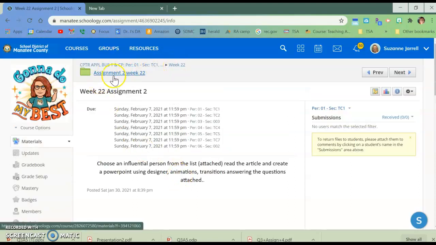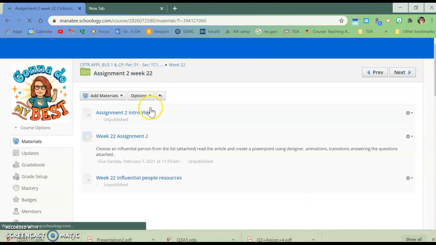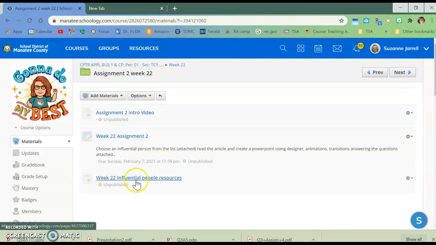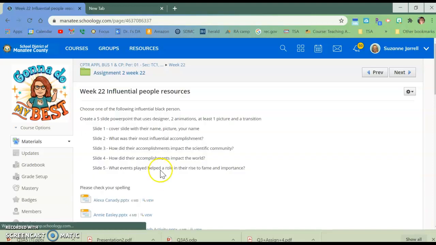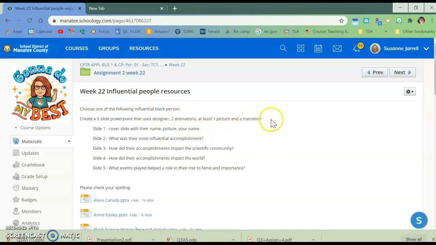To find the people and the questions, what you need to do is go to here. It says week 22, influential people resources, and it tells you exactly what it's going to be. So it's going to be a 5-slide PowerPoint. It has to use designer, 2 animations, and 1 picture and transition per slide.